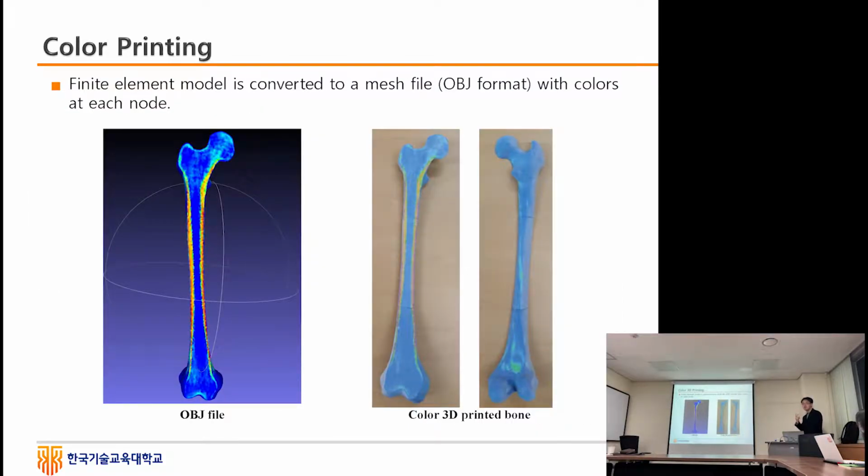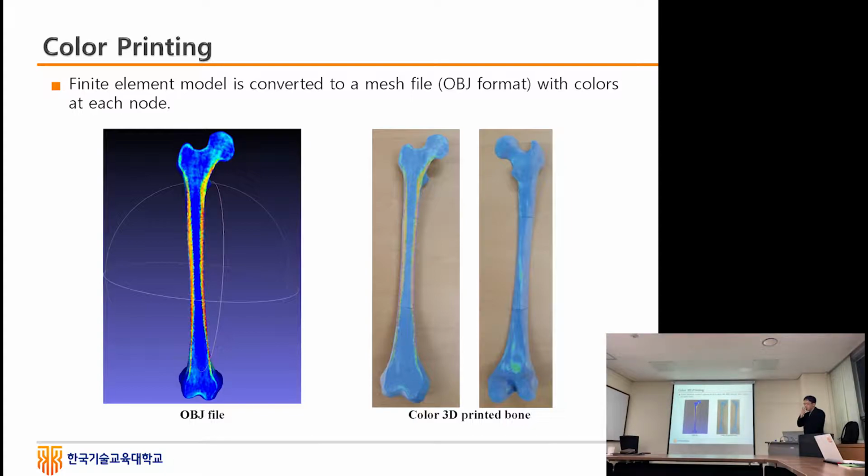Actually, I did two things. Firstly, I printed the reconstructed bone shell with material properties. I assigned the material property as a color to each node, and then converted it into a mesh file.